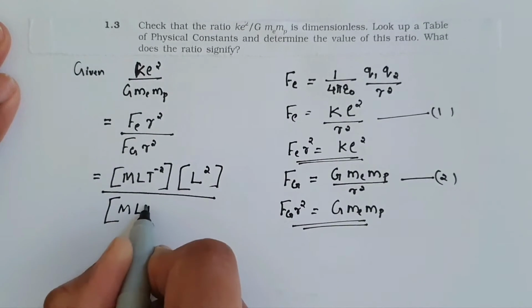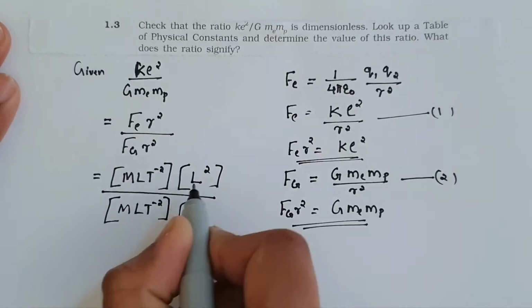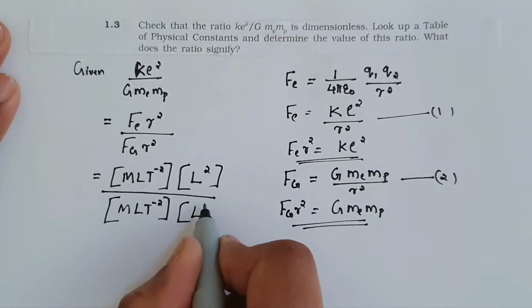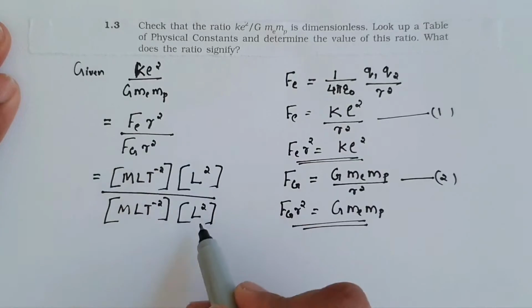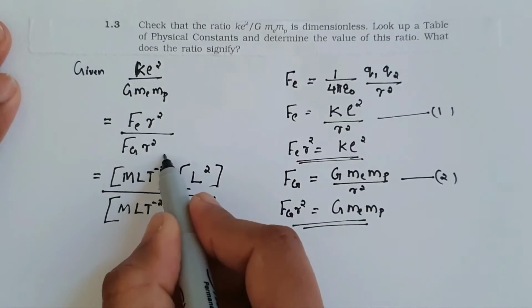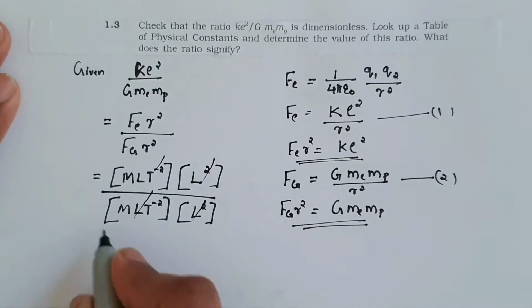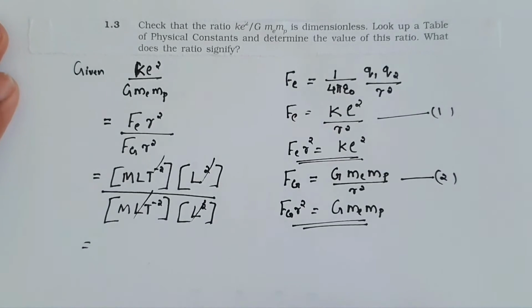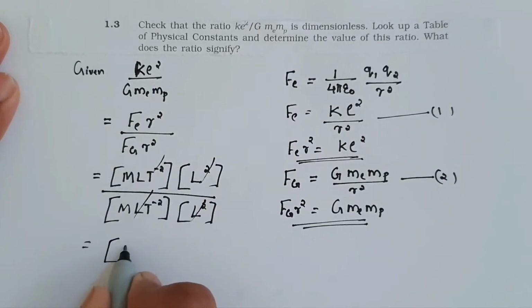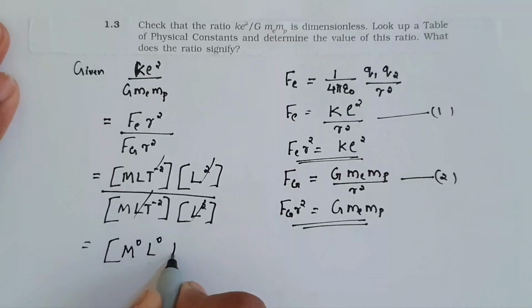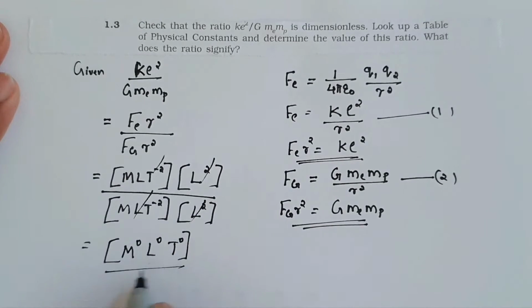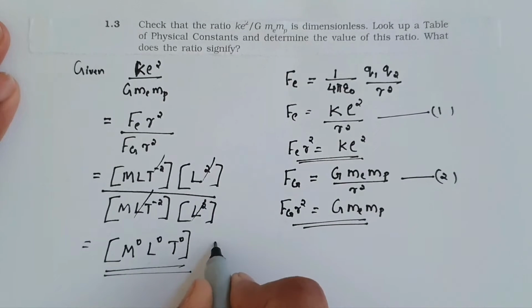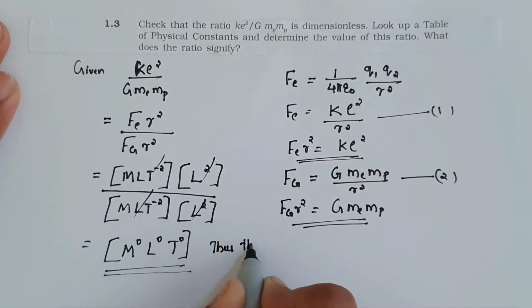So M L T^-2 into distance, that is length square, distance square, that is length square. Then this will cancel each other. This is equal to M^0 L^0 T^0. The given ratio is dimensionless.